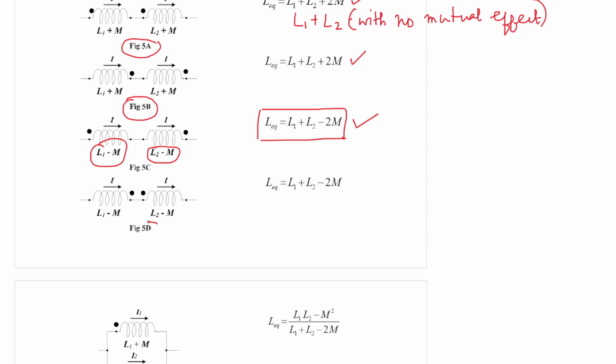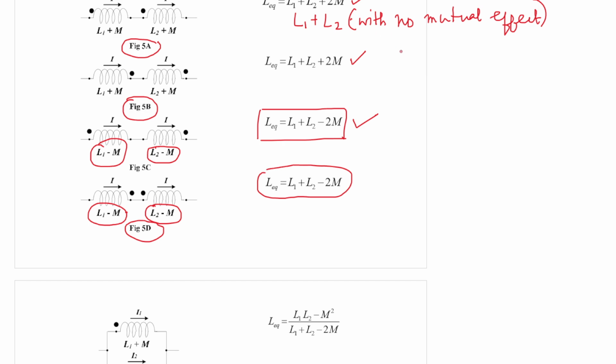In figure 5D, again it is subtractive polarity, because with respect to the first dot current is entering, but with respect to the second dot current is leaving. Each inductance is represented by L1 minus M and L2 minus M, because M is opposing, so the equivalent inductance is L1 plus L2 minus 2M.